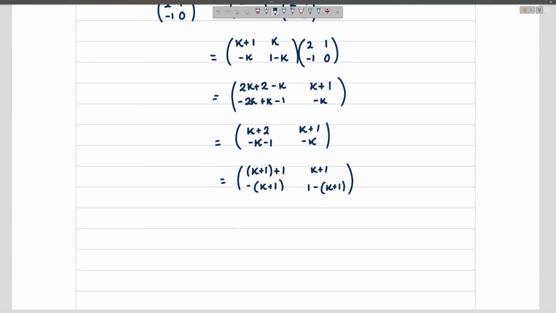And therefore, what we've proved here is that the matrix equation is true when n equals k plus 1.